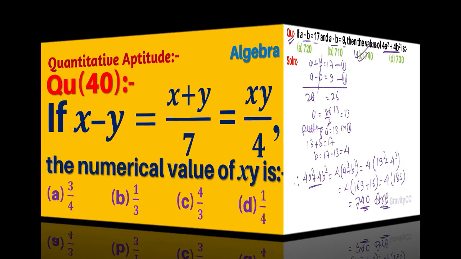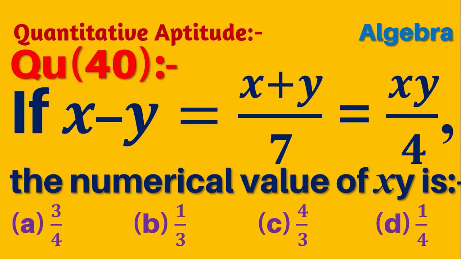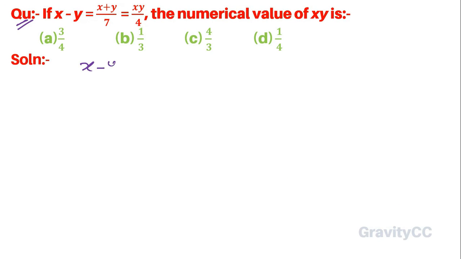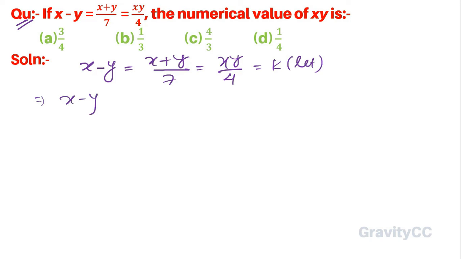If x minus y equal to x plus y upon 7 equal to xy upon 4, then the numerical value of xy is. Here given that x minus y is equal to x plus y upon 7 equal to xy upon 4. Let this be k. So x minus y is equal to k and x plus y is equal to 7k.